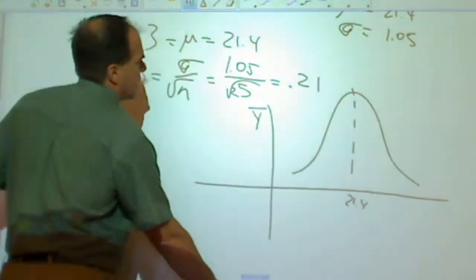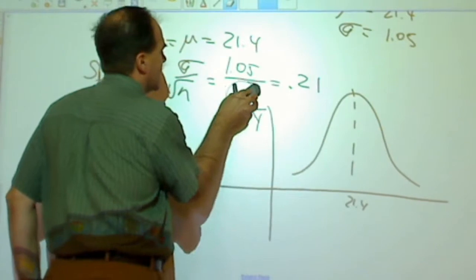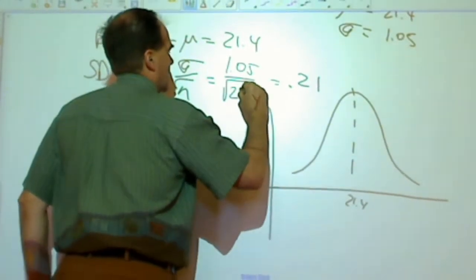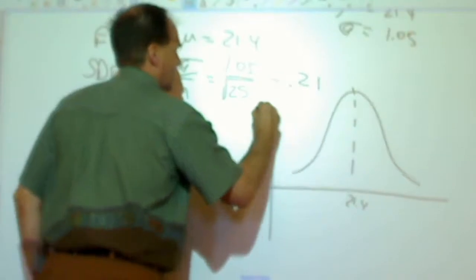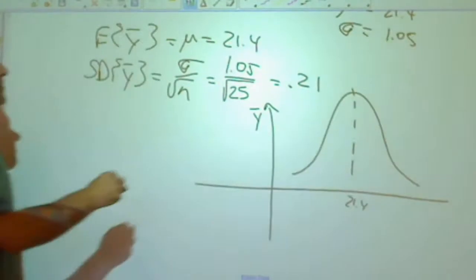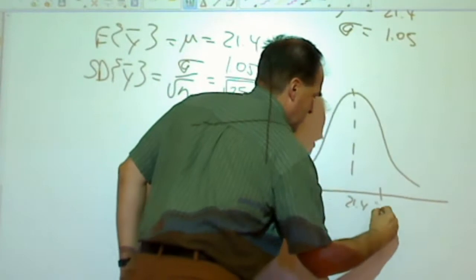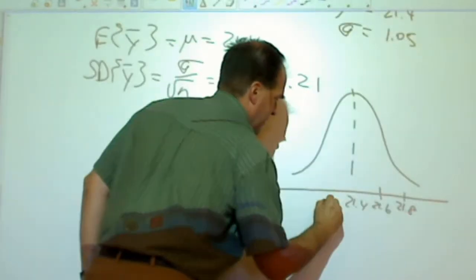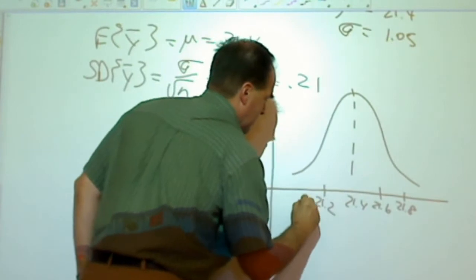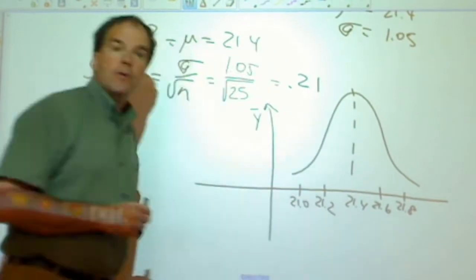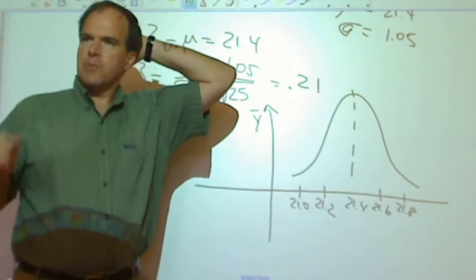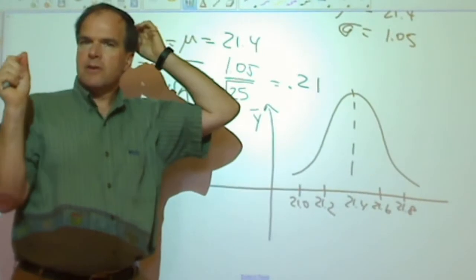Okay, that's 25. Thanks. Sorry. No, that's fine. So 0.21, so 21.6, 21.8, we're just doing rough here. 21.2, 21.0. Okay, a different axis than the model we used when we were talking individual students.